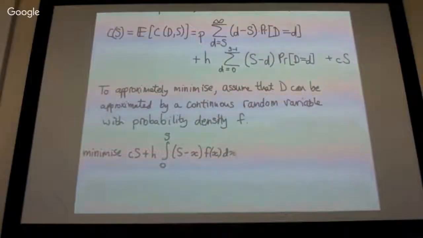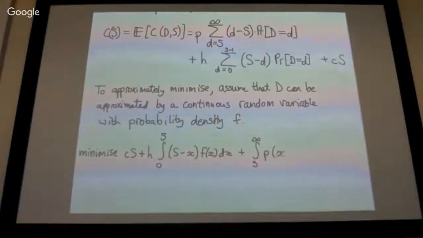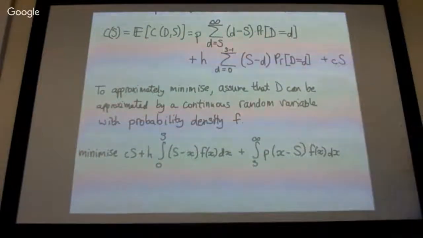And the second sum is going to turn into an integral from S to infinity of p times x minus S, times the probability measure. This is an approximate expression for that. And to minimize this, your favorite way of minimizing is differentiating.